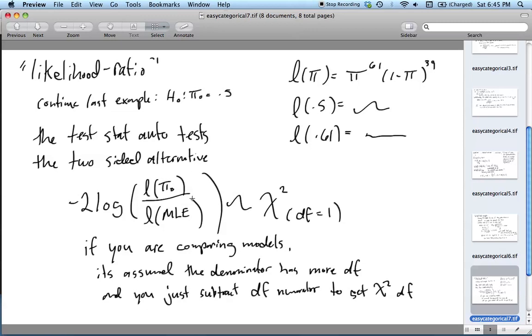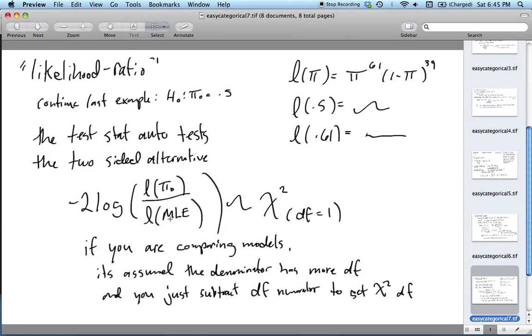Just to get a sense of the intuition of this, we're talking about your likelihood. Suppose that the likelihood of the null hypothesis is much, much less. Let's say your likelihood function has something like an upside down parabola, or an upside down normal distribution type shape.